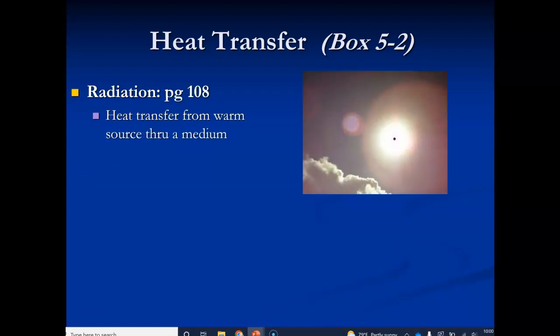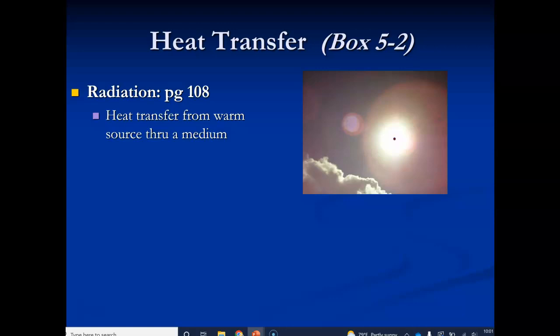Radiation. Most times we think of radiation from the sun, and that's what is happening. The sun is a huge heat source, and it is radiating through some kind of medium, space, our atmosphere, then our air. So we get radiant heat. When we're outside, we can feel that sun beating down on us, increasing our heat.